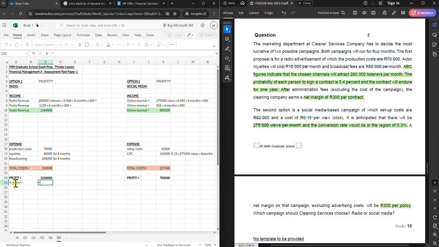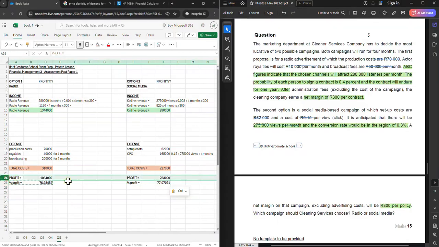Take the profit divided by the revenue times 100. Okay, yes, social media is slightly more profitable. Online, the profit compared to the cost is more. As a percentage it's more. Overall it's less, but it's more bang for buck, basically.